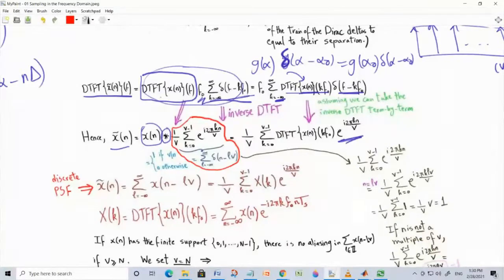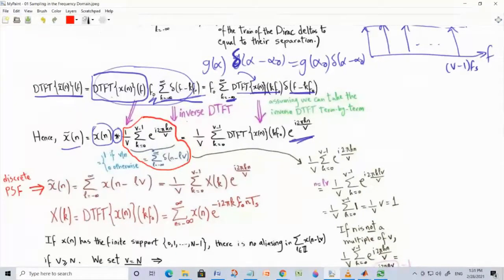So we have v terms in the summation. We divide by v, and then what we are summing is e to the I 2 pi k n over v. K is the index of summation. N is another integer, and v is the number of terms in the summation. Okay, so a very famous sum, very useful.